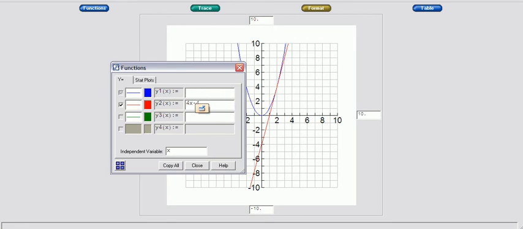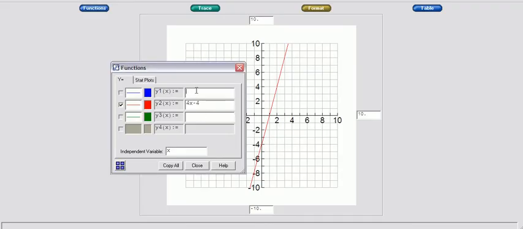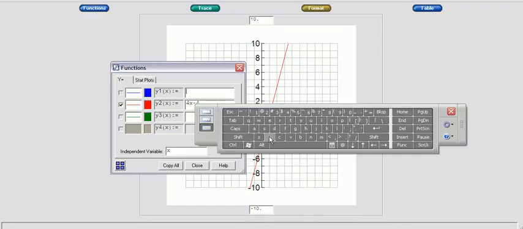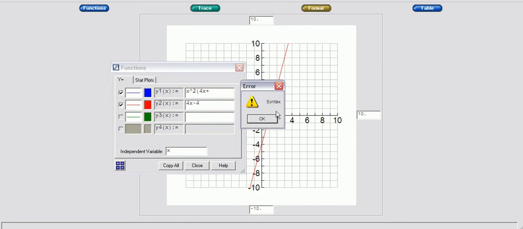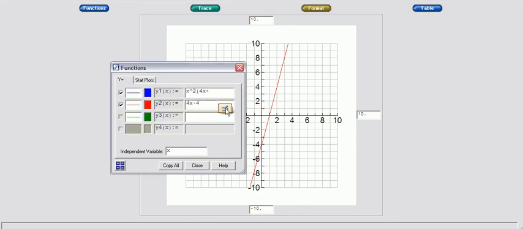So I gotta look back at the original. x squared times 4x plus 1.